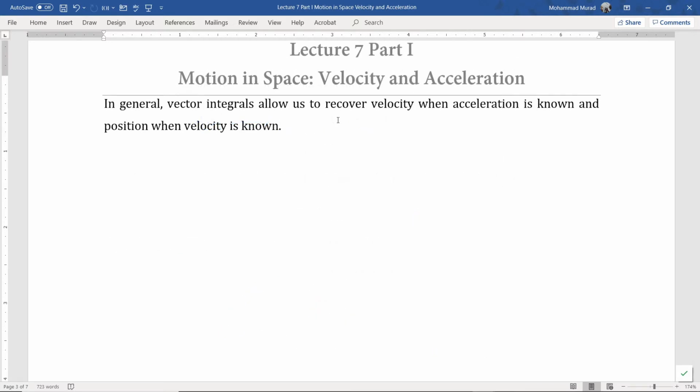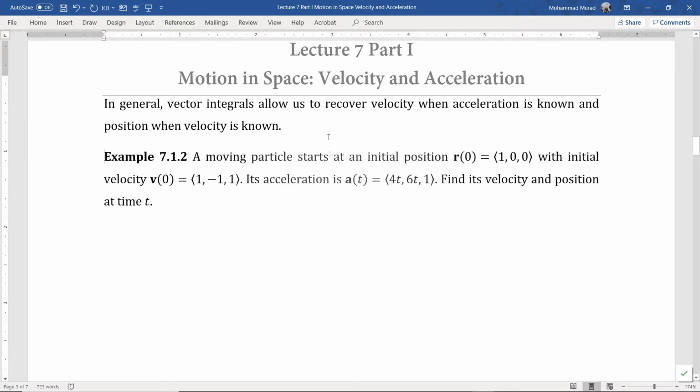In general, vector integrals allow us to recover velocity when acceleration is known and position when velocity is known. Let's see an example.